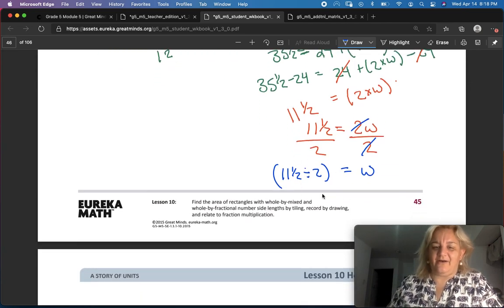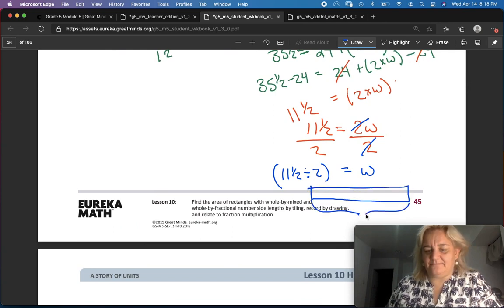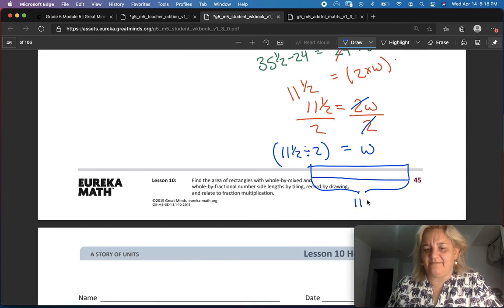Okay, now 11.5. I'm going to make a little tape diagram. This makes 11.5. I'm going to cut it in half. What am I going to have on this side? Well, you know what? I'm not even going to cut it in half. I'm going to put the half here.